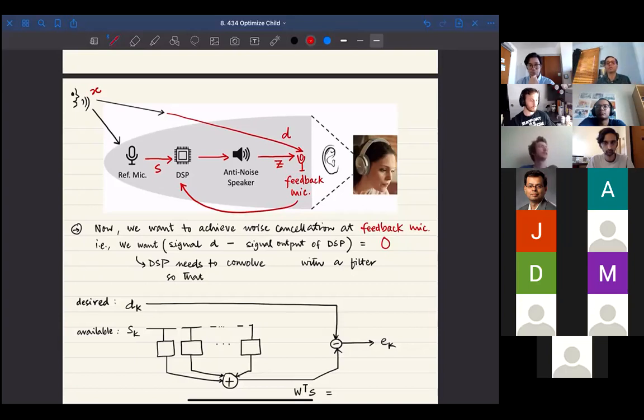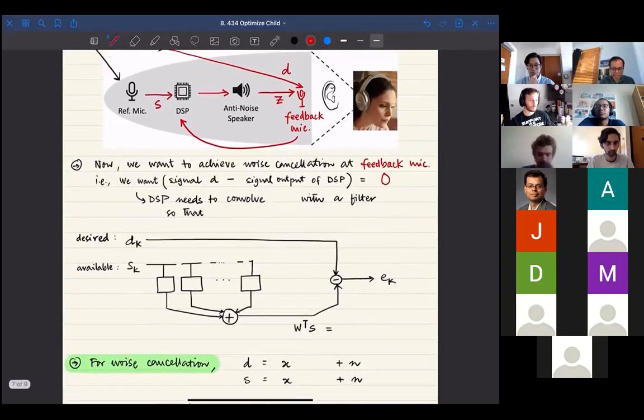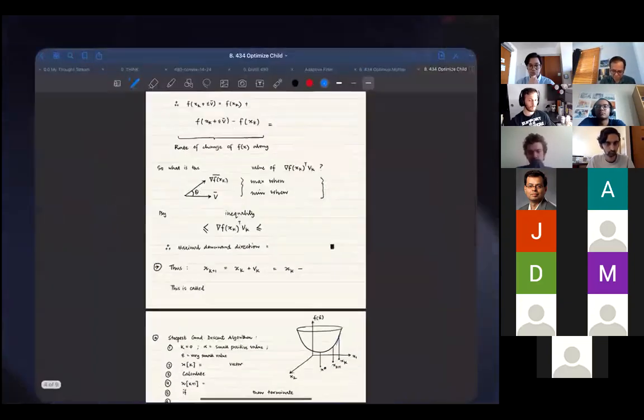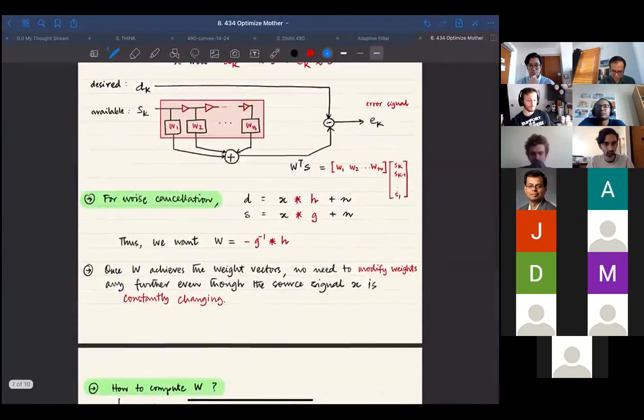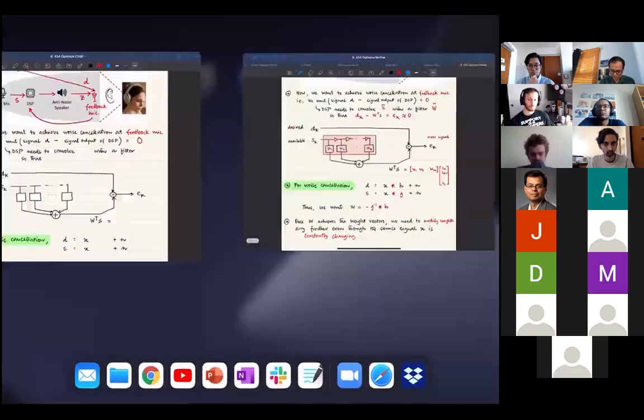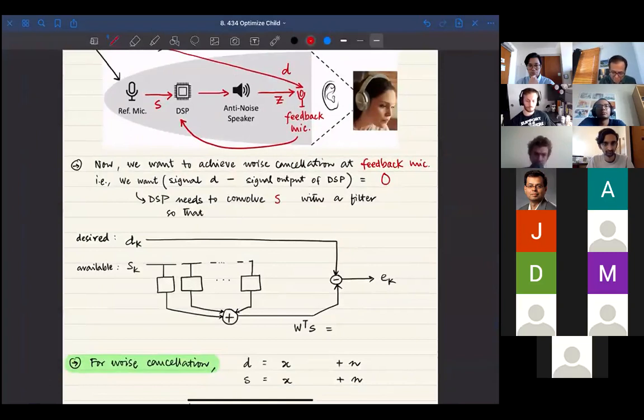So the DSP needs to convolve S with a filter W, such that dk, the kth sample of D, minus W^T S equals ek, which is almost equal to 0.